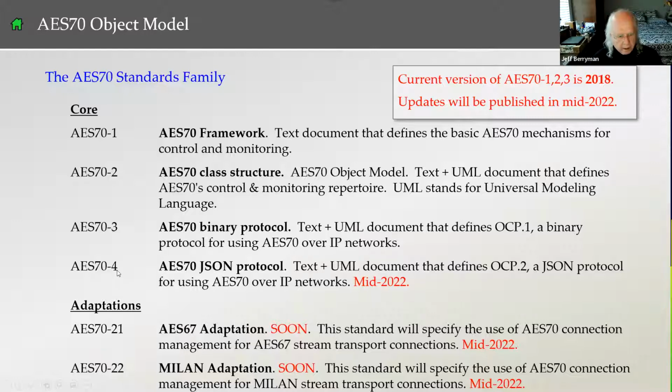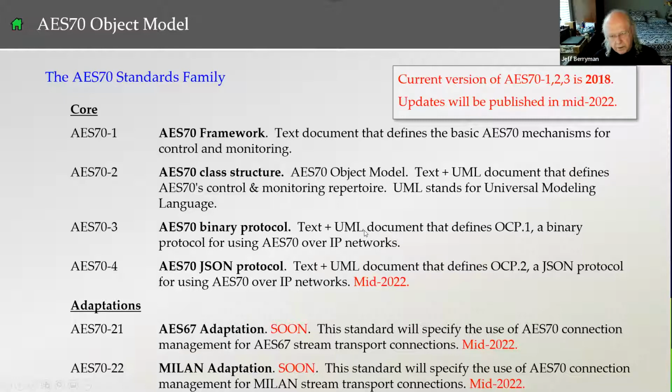It's the only one defined at the moment. There's a new one coming out. It's Aes70-4. This is new. It's a JSON protocol, and it will define a protocol called OCP.2, a protocol that also works over IP networks. We've had some demand for it from programmers who would rather work in JSON than work with binary constructs running along a wire.